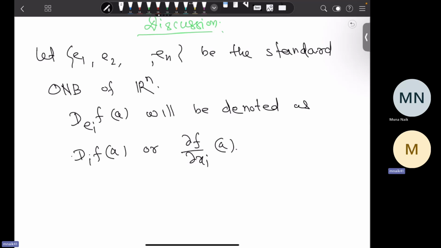So what is ei? ei is the vector in R^n where the ith coordinate is 1 and all other coordinates are 0.